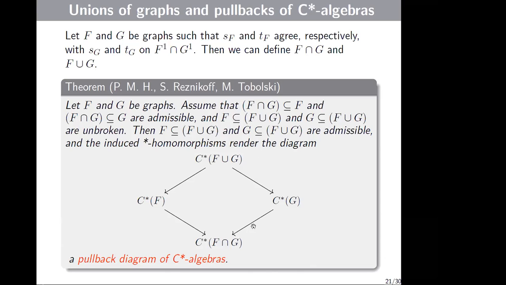Okay, but the diagram is commutative. It's obvious because remember all of them are canonical quotient maps. So seeing that it's a commutative diagram is a triviality because I'm just going by identity or by zero, so there's nothing to it. Okay, but to see that this is a pullback diagram is quite a bit of work.